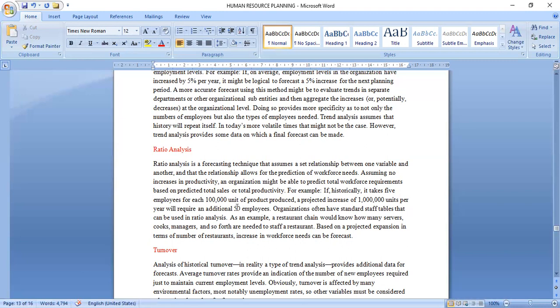Because the ratio is five workers producing 100,000 units of that product. So when production increases to 1 million units, you have to employ 50 employees. You require 50 employees to produce 1 million units of that product.